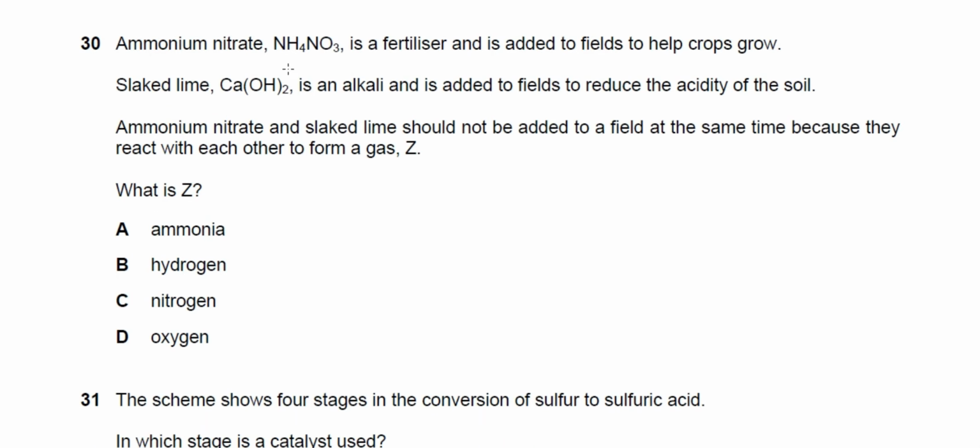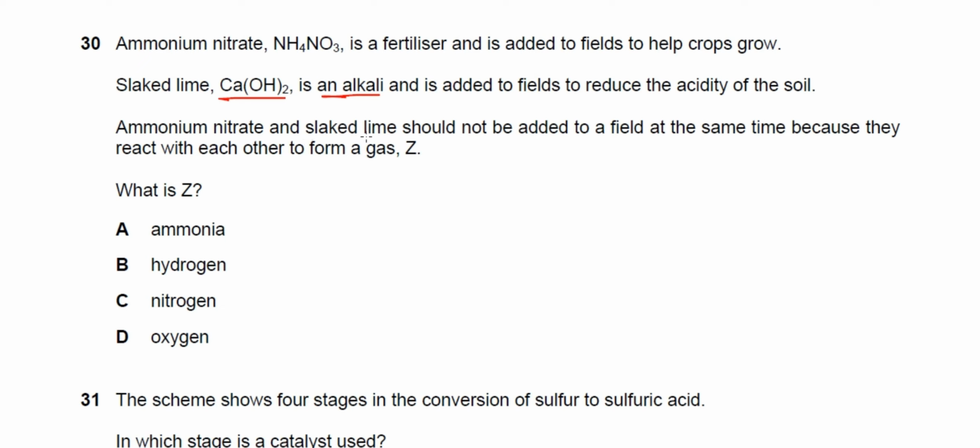30th, ammonium nitrate, which is a fertilizer, or we can say nitrogenous fertilizer, and is added to field to help crops grow. Slaked lime, this is a base or alkali, he clearly mentioned, so it is used to reduce the acidity of the soil.